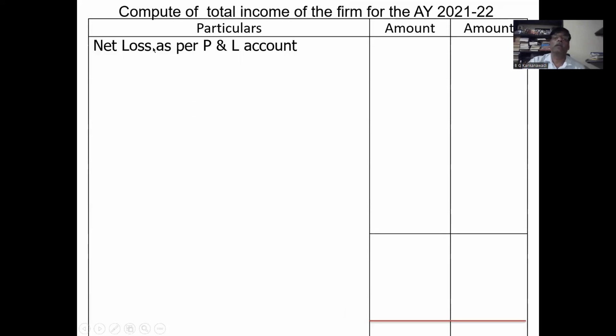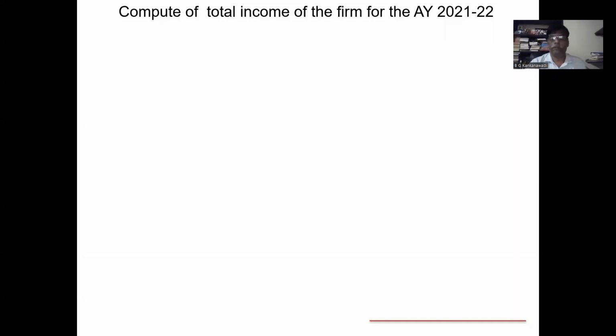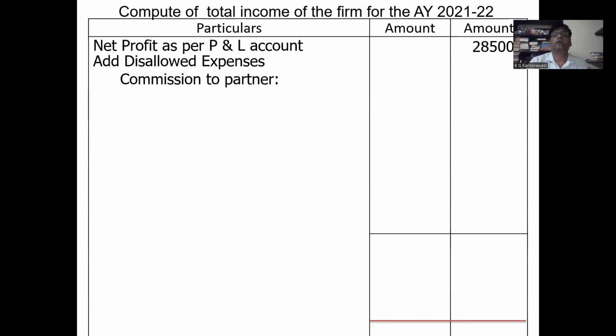Net profit as per P&L account, 2,85,000. Add disallowed expenses. First is commission to partner, 30,000.